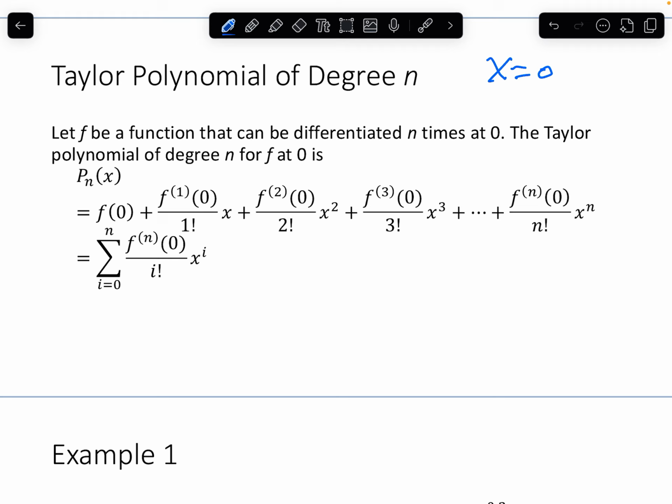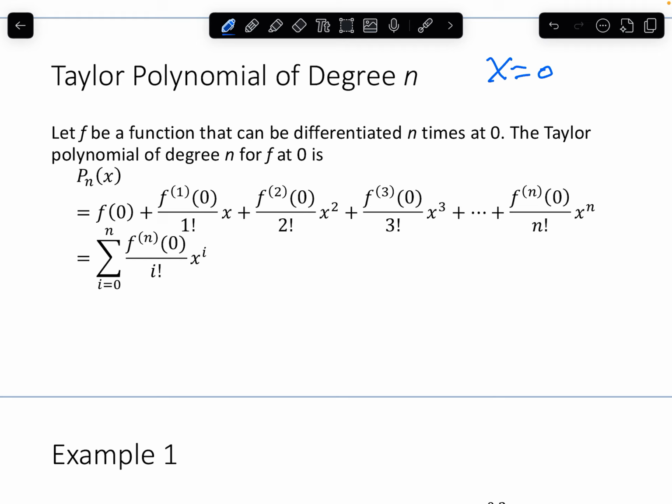The Taylor polynomial of degree n for f at 0 is p sub n of x, and we have this big, giant, long summation, right? f of 0 plus the first derivative of f at 0 divided by 1 factorial times x, plus the second derivative of f at 0 divided by 2 factorial times x squared, plus the third derivative of f at 0 divided by 3 factorial times x cubed.